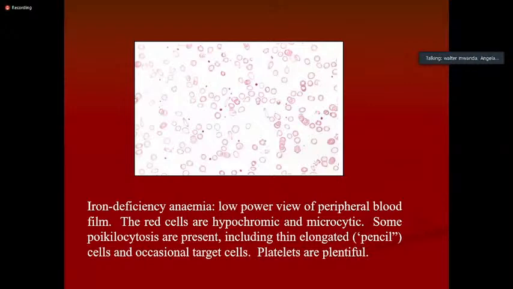Some poikilocytes are also present as exhibited by thin, elongated, or pencil-shaped red blood cells. Also common are platelets, those that look like dark dots.